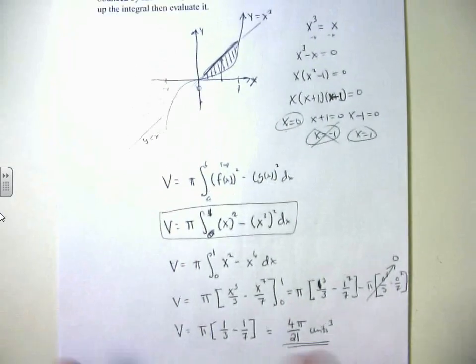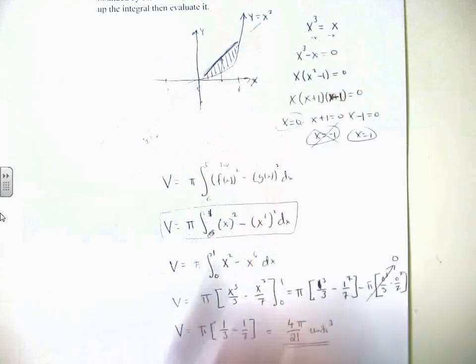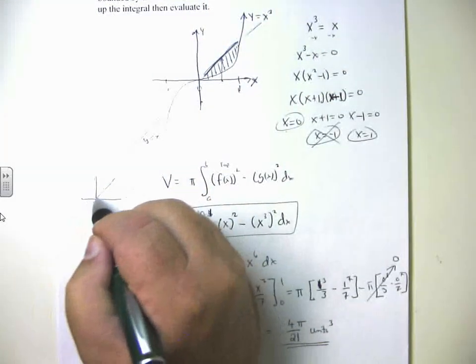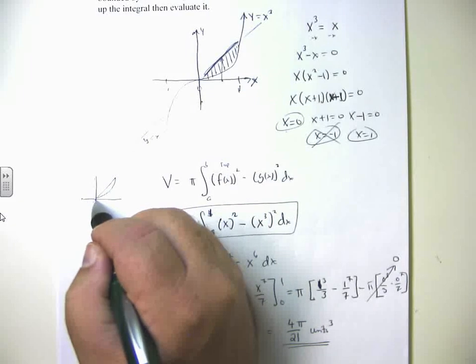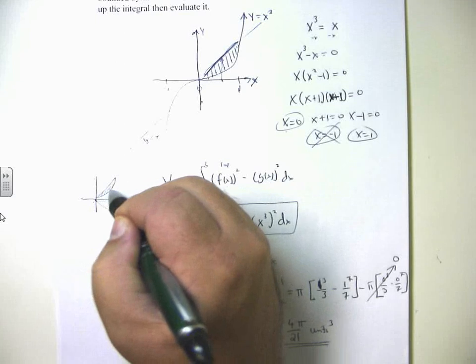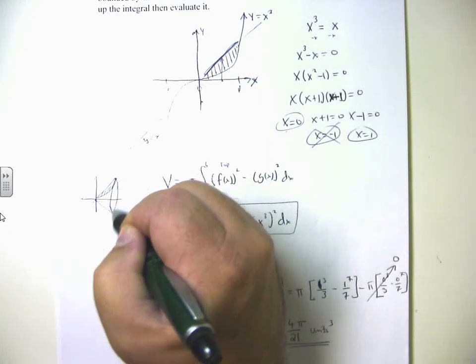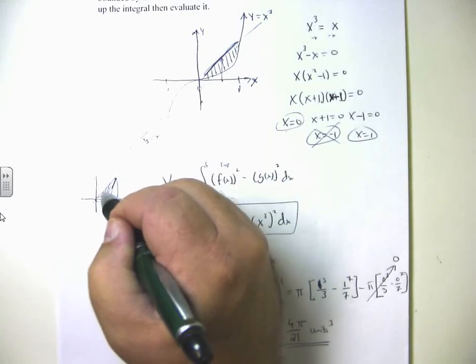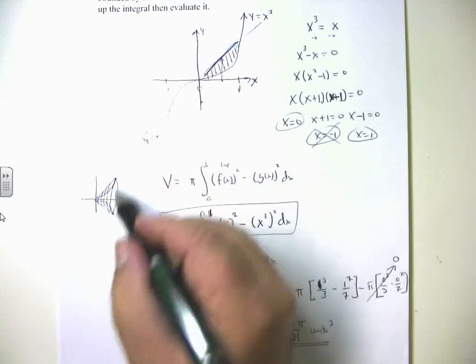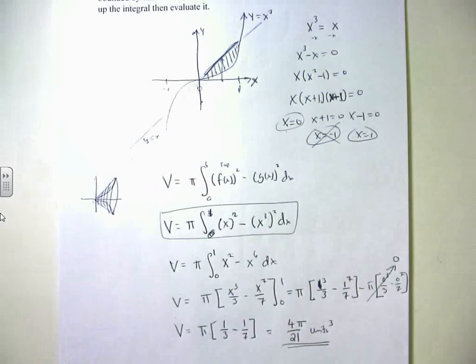You found taking this region and rotating around the x-axis. So to get a little visual of that, we've got this region right here, rotating around, so you get that reverse image around the x-axis. You take this and rotate it, so it's solid and flat on the outside, but you scooped out quite a bit of the inside. So this is what you calculated the volume of.